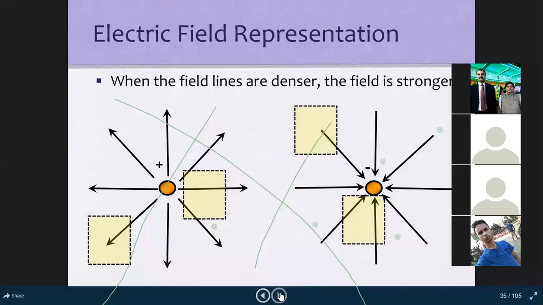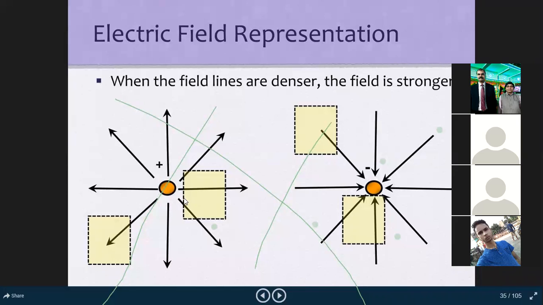Now, remember one more thing. As we are closer to the point charge, a large number of field lines cross this area, but as we move away from the point charge, only one single field line passes through this area. Therefore, field intensity will be stronger at this location because three field lines are crossing this area, but at this location only one field line is crossing this area.